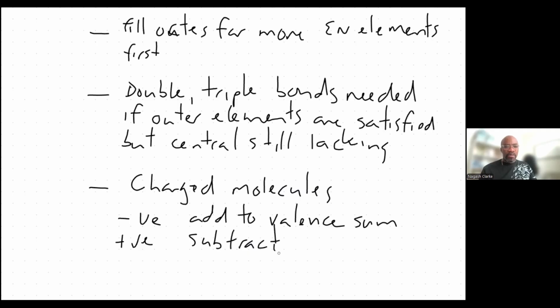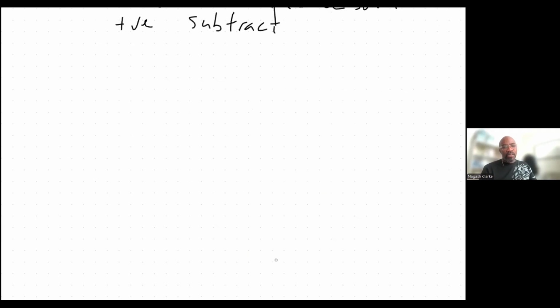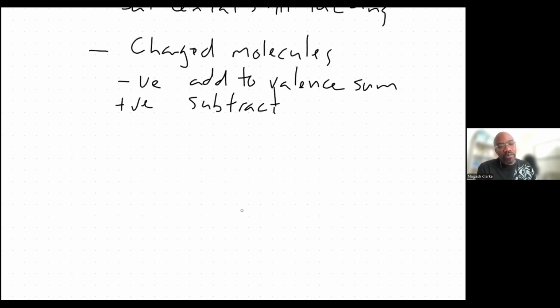So let's look at some examples. We're going to take simple binary molecules like fluorine, F2.